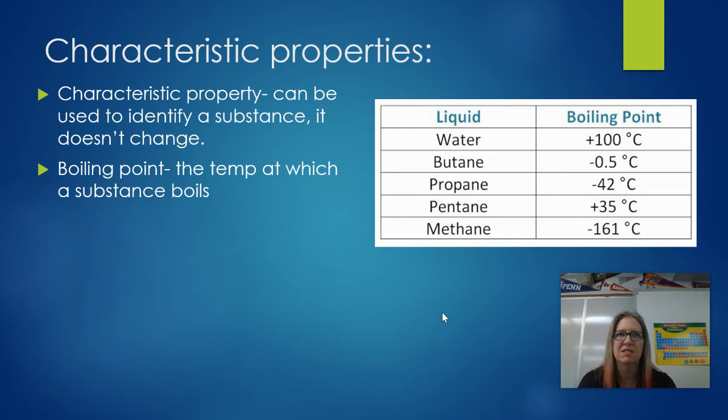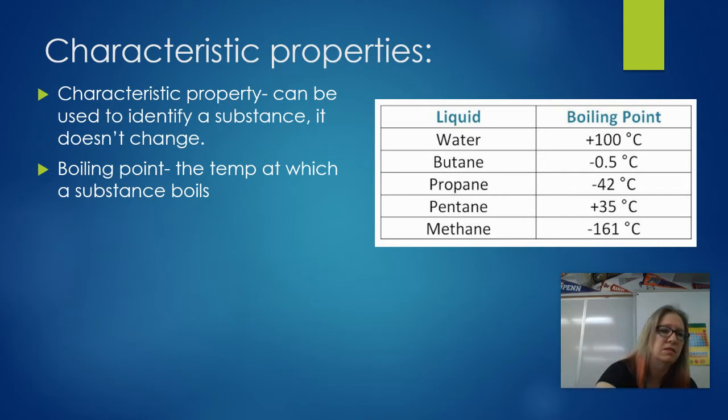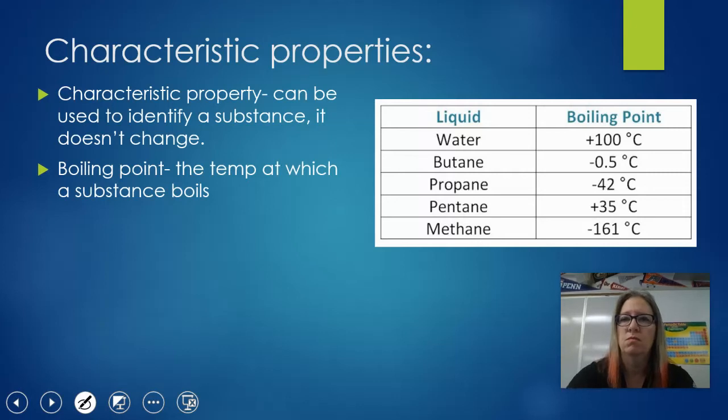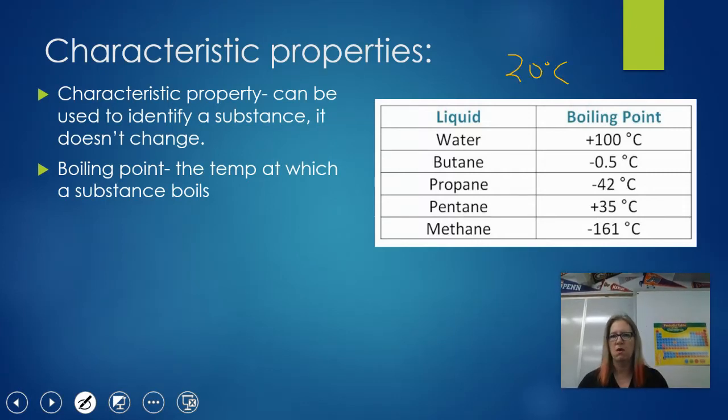What that also means is that you can determine what state of matter something is going to be in based on its boiling point. For this table right here, I'm giving you the known boiling points of certain substances. Let me get my pen. Okay, so typical room temperature is about 20 degrees Celsius, roughly. It's about 70 degrees Fahrenheit.